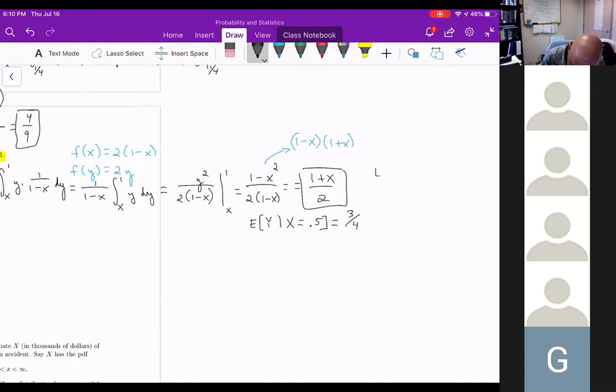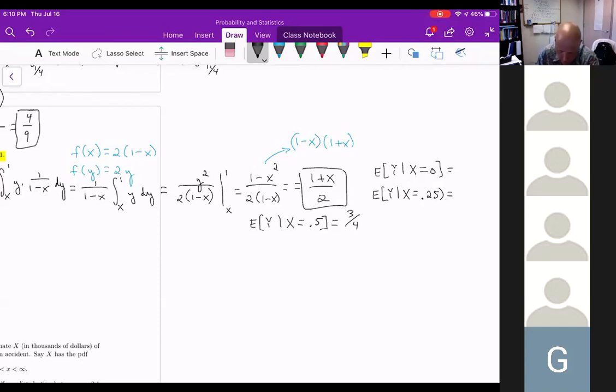What about the expected value of y given that x is 0? And yeah, Miku, that's right.